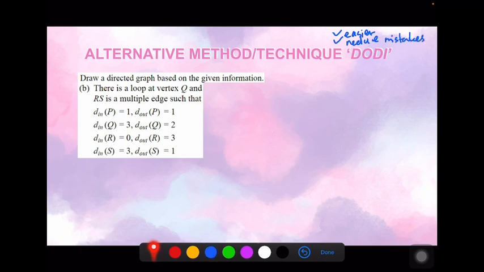We are going to use technique Dodi to draw a directed graph. So we have a loop at vertex Q, and RS is a multiple edge. Remember that D in means degree going into, and D out means degree coming out.